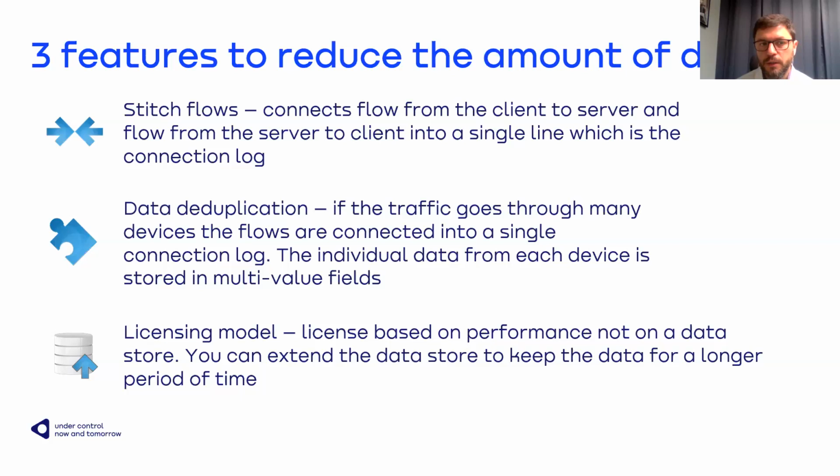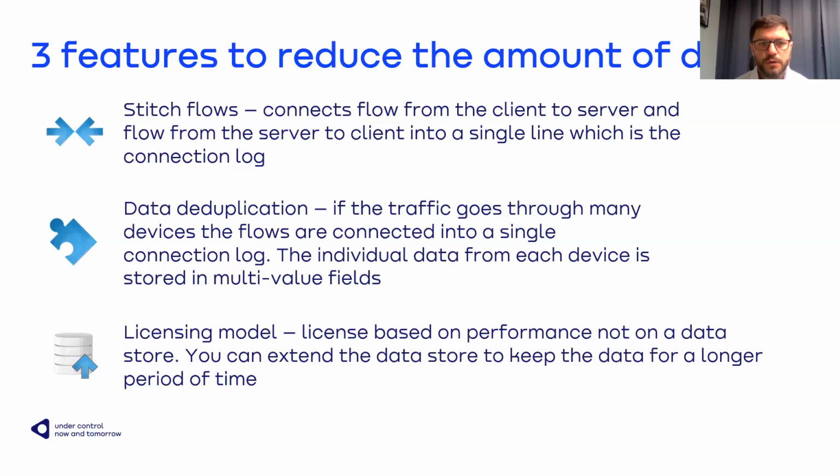So the first feature, stitch flows, give us a chance to store more data on this same storage and help us to analyze the network traffic, because we see both sides of the communication in a single row in database, so it's easier to analyze. It looks like the connection log.